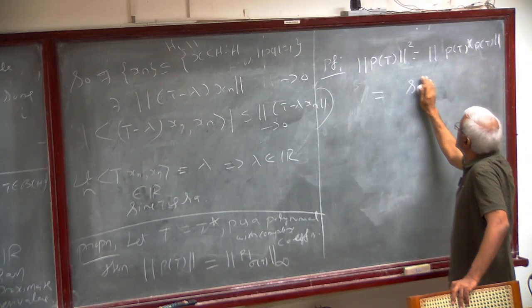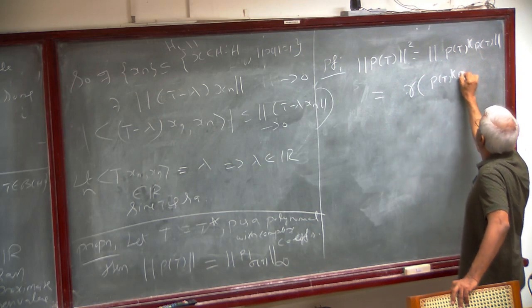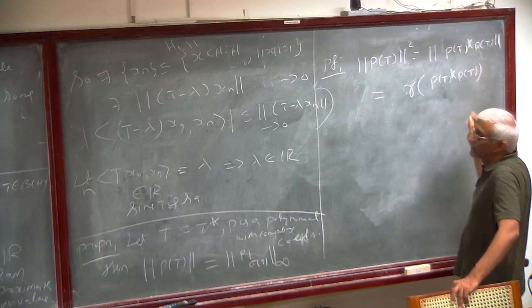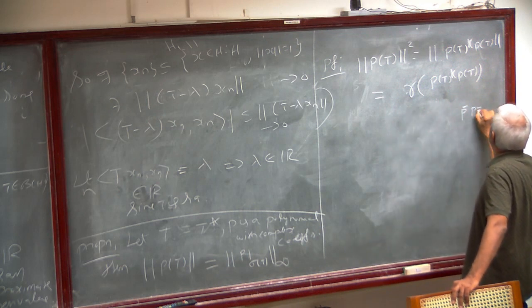This is equal to the spectral radius of P of T star P of T, right? Which is, you call it P bar P equal to Q. Let's call it that.